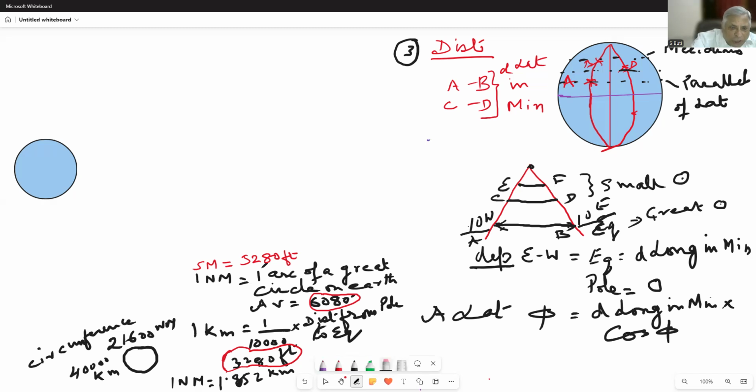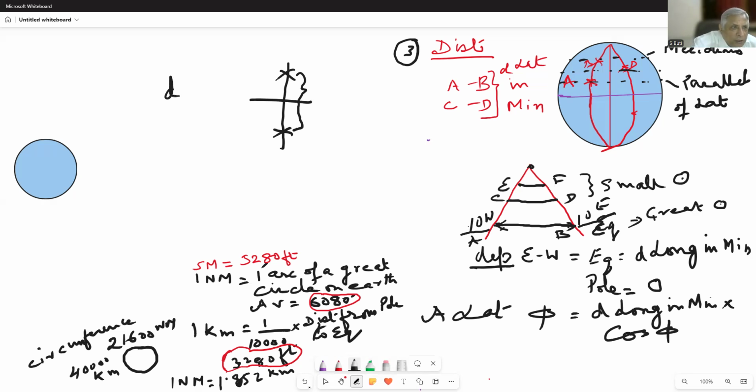Let's say this is the meridian, equator. These are the 2 points. Since meridians are great circles, 1 nautical mile is 1 minute arc of a great circle on the earth.